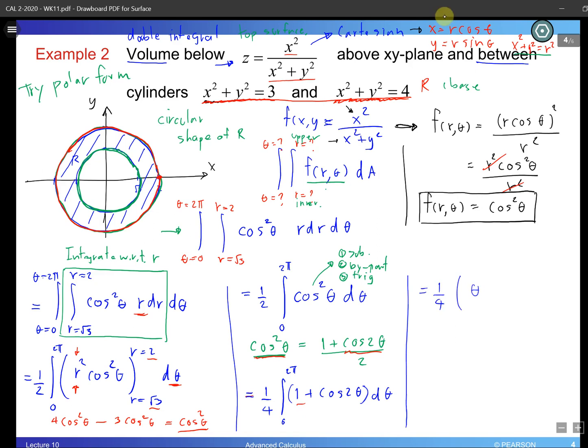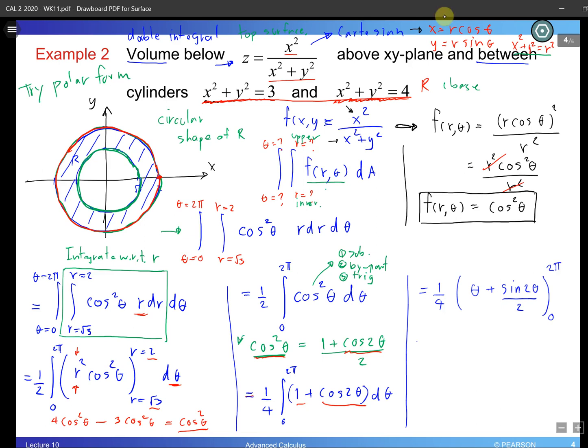Integrate cosine 2 theta, I get sine, plus sine 2 theta over 2 right here from the reverse chain rule. So I'm supposed to evaluate this at two values of theta, 0 and 2 pi. So as you can see here, when you use the right property, it makes life much easier. Okay, if you try by parts, it's going to be long, much longer than this.